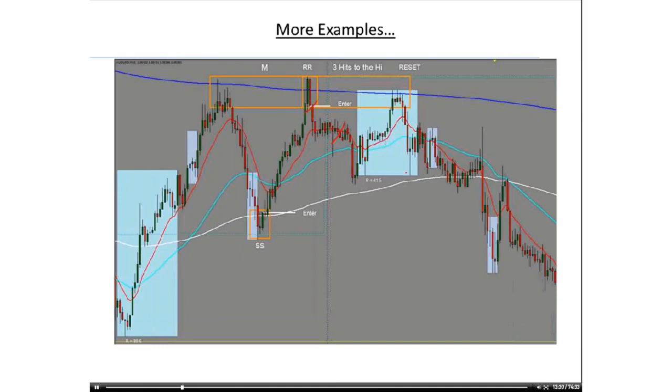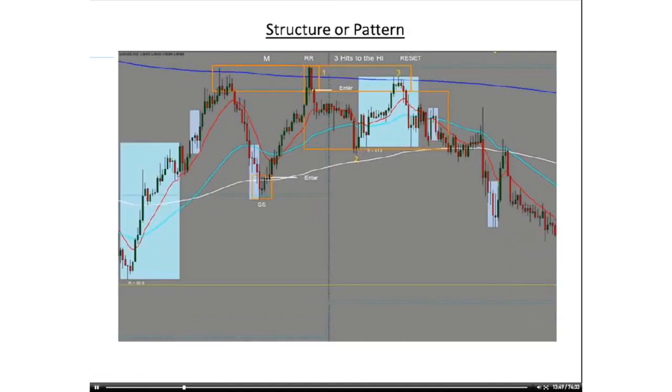Okay, I know these boxes are all messed up. This is an older version of the boxes. Price came back up, challenged the high, and it came down. So now this structure right here looks like an M, right? Here we go.